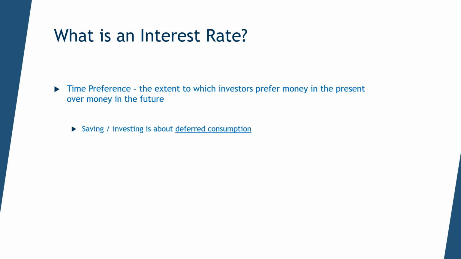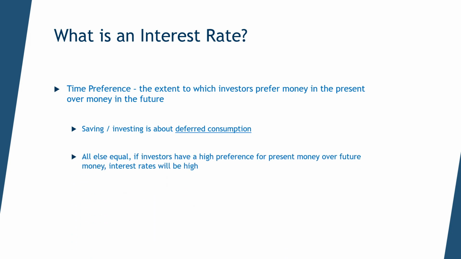When we think about savings, what we're really saying is that anyone who saves is deferring consumption. They are making a choice to not consume their money today, and they are really going to consume that money in the future. So we can think about an interest rate as being the compensation for deferred consumption.